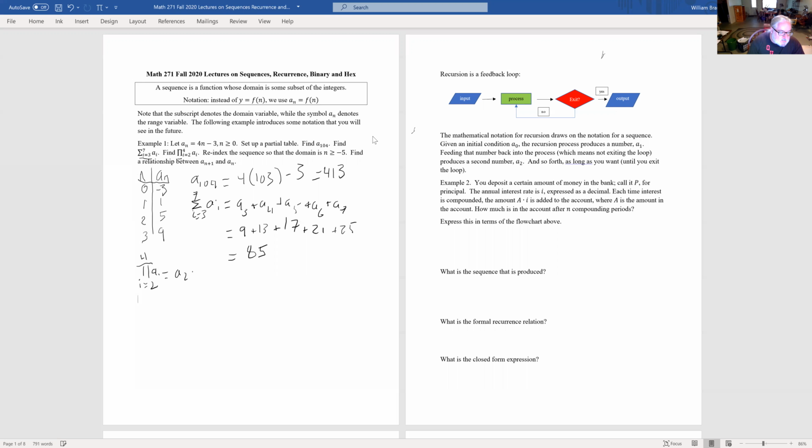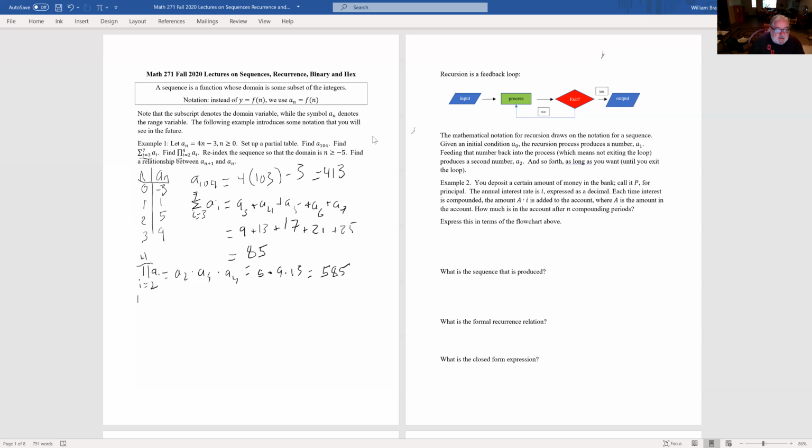That means a sub 2 times a sub 3 times a sub 4. And what are those numbers? a sub 2 is 5 times 9 times 13, and that is 585. So just some symbolism there. A sigma is a sum, a pi is a product.